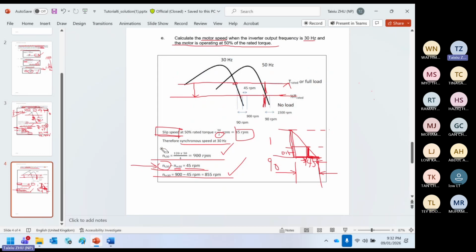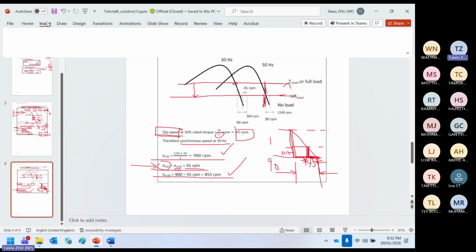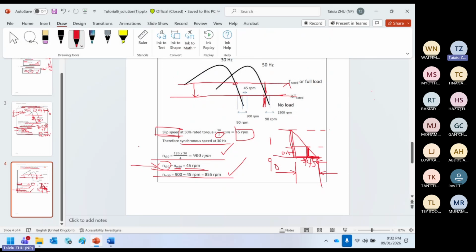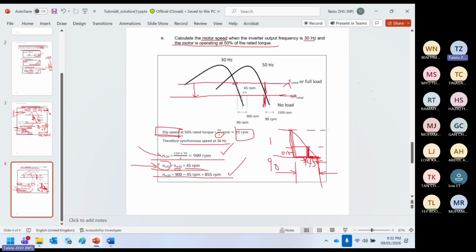I think his question is this one, not the synchronous speed. This one is the synchronous speed when the frequency is 30 hertz. It's only the lower one.